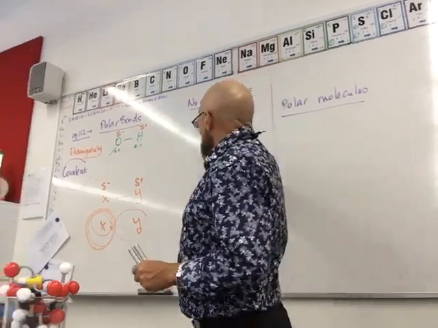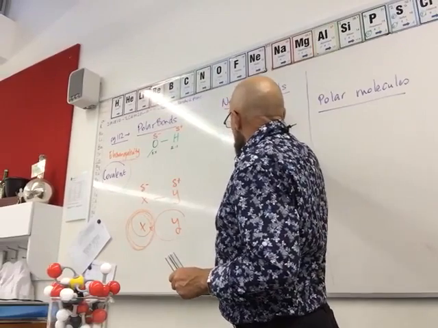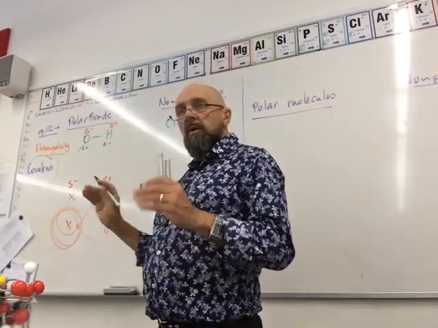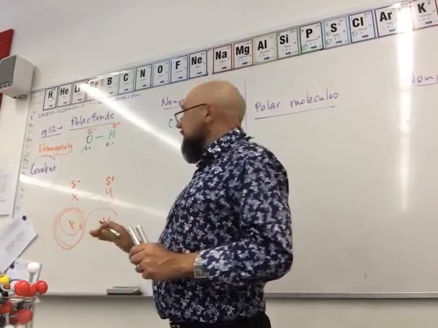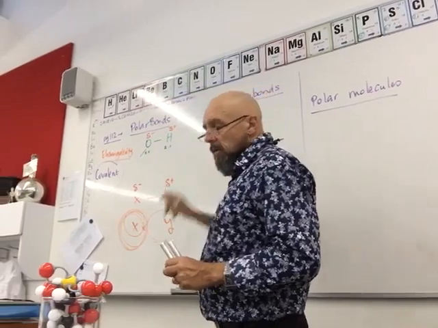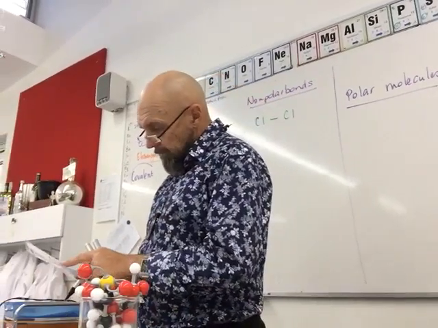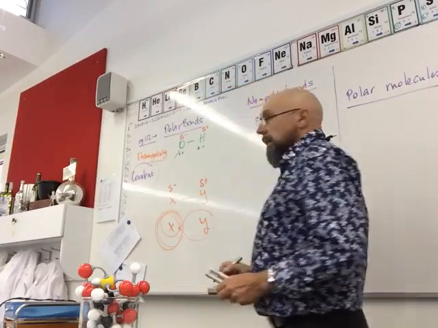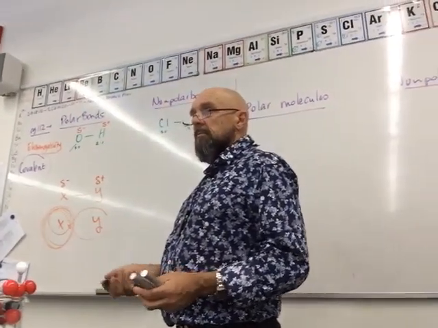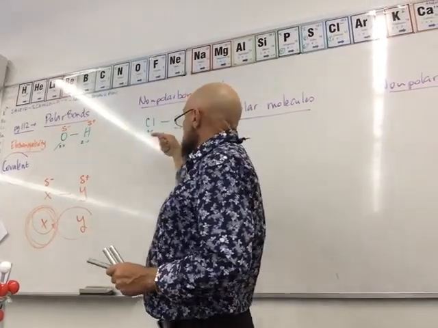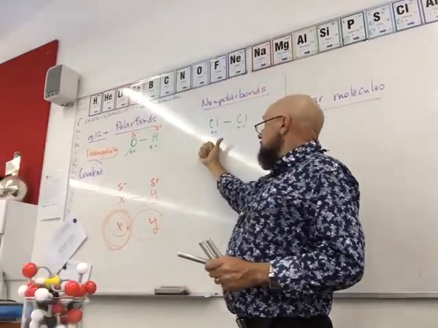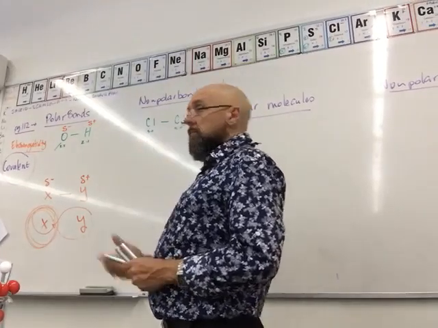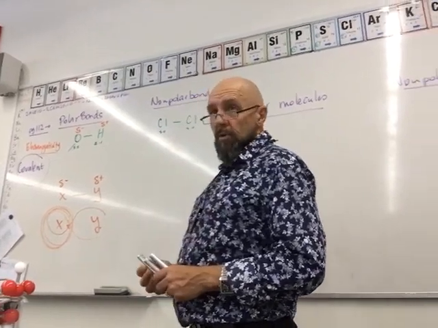So if I pick, for example, a chlorine bonded to a chlorine, this also happens to be a molecule, by the way, but we're looking at the chlorine-chlorine bond, then the electronegativity for chlorine is 3. That's 3, that's 3, and if you can do your maths, they're both the same. So the pull of electrons in that direction is the same as the attraction of electrons in that direction. So overall, that is a non-polar bond.